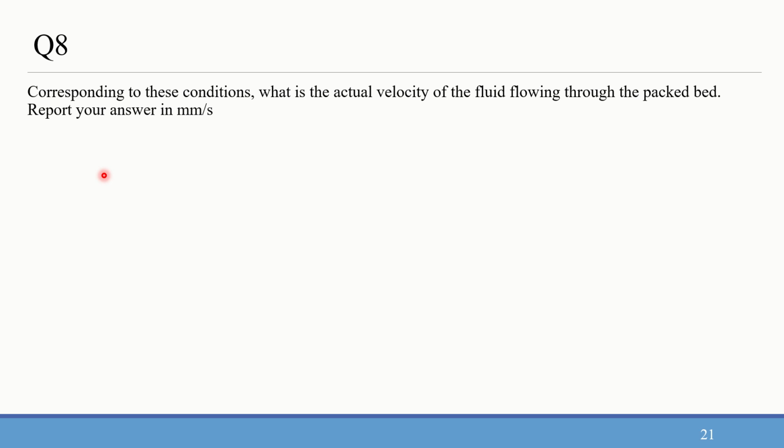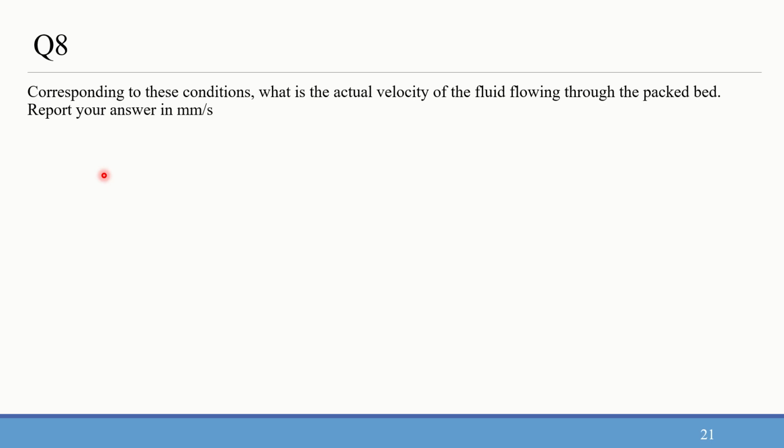We have to find out the actual velocity of the fluid flowing through the packed bed, and we are asked to report our answer in mm per second. So we calculated the superficial velocity in the previous question. Now we have to find the actual velocity.